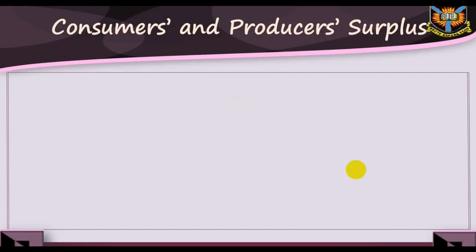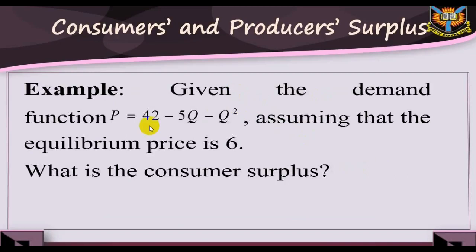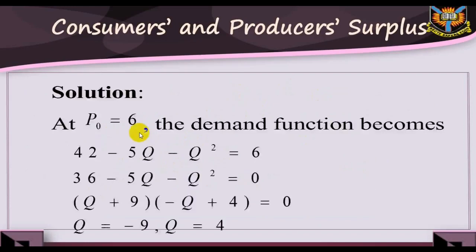Example. Given the demand function P equals 42 minus 5Q minus Q squared, assuming that the equilibrium price is 6, what is the consumer surplus? Solution. At P0 equals 6, the demand function becomes 42 minus 5Q minus Q squared equals 6. 36 minus 5Q minus Q squared equals 0.